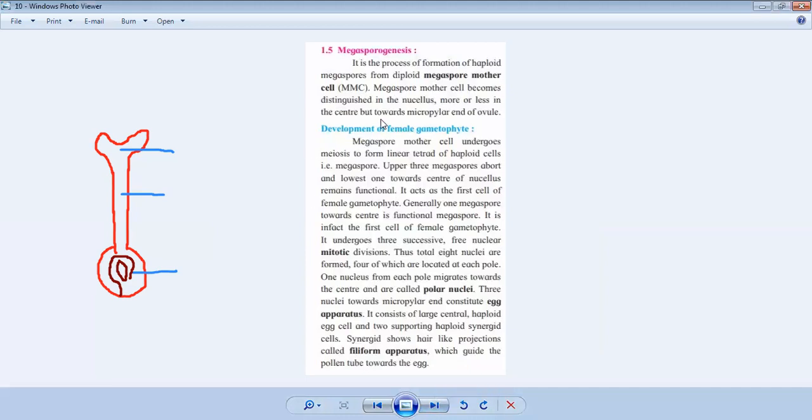Now let's talk about megasporogenesis. Now what is meant by megasporogenesis? ये megasporogenesis क्या होता है?